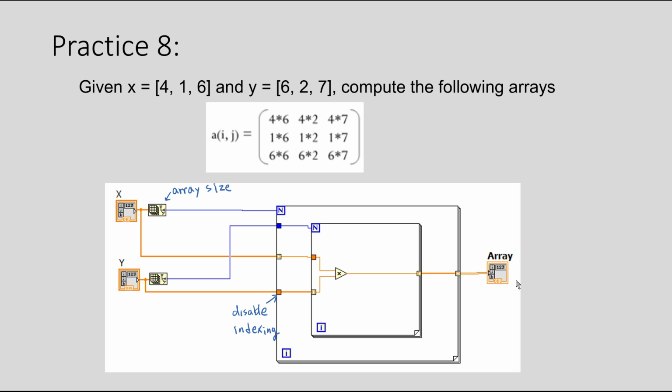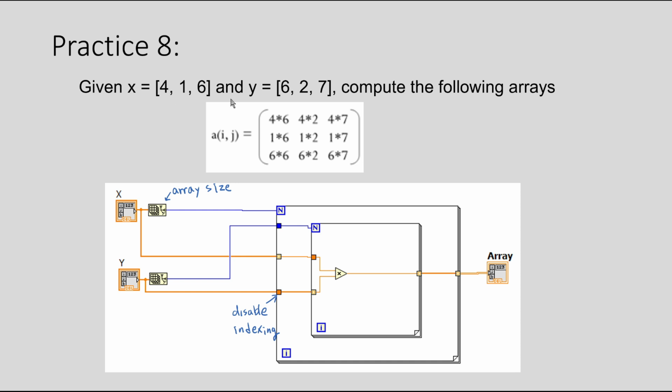This is practice 8. In practice 8, two arrays are given, X array and Y array. And using these two arrays, let's create a two-dimensional array as an output. So this is our desired output. As you see, 4, 1, 6 and 6, 2, 7.